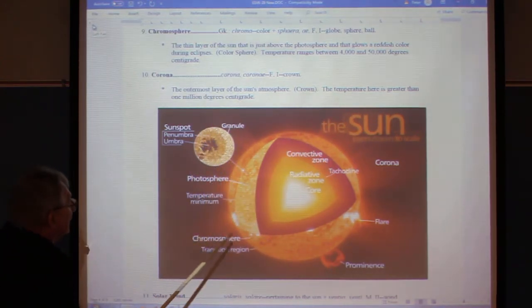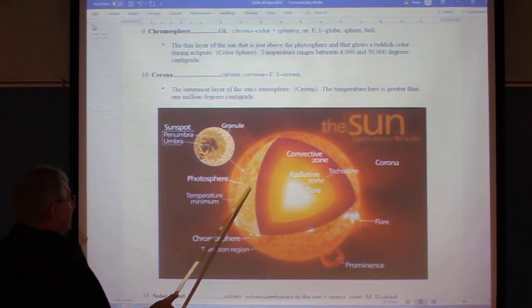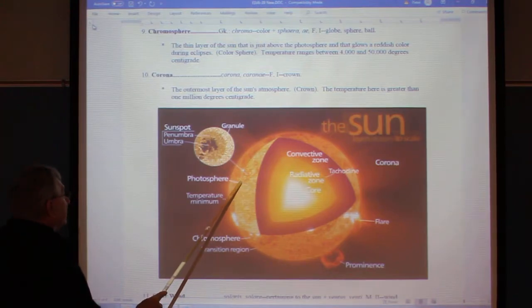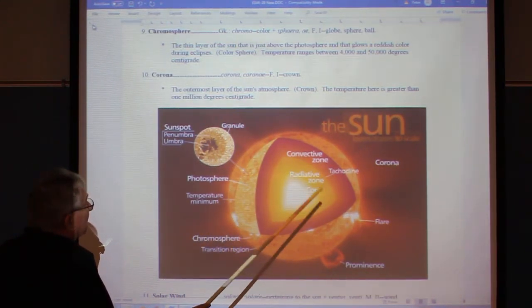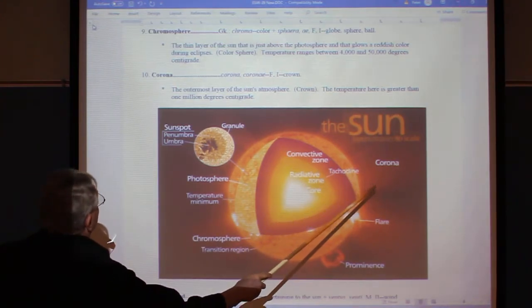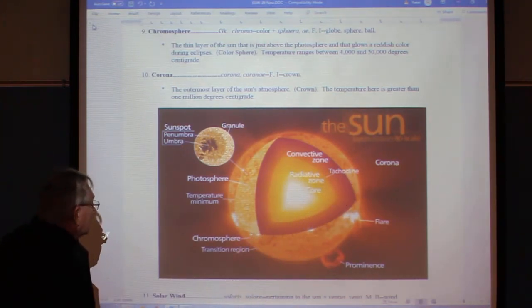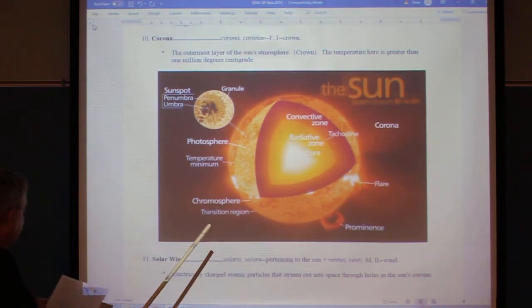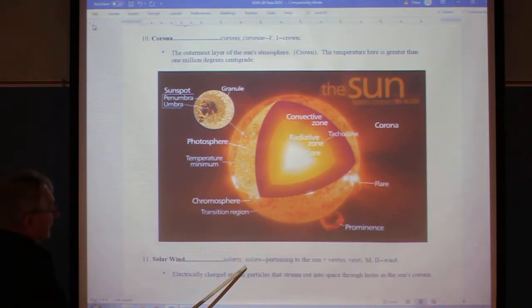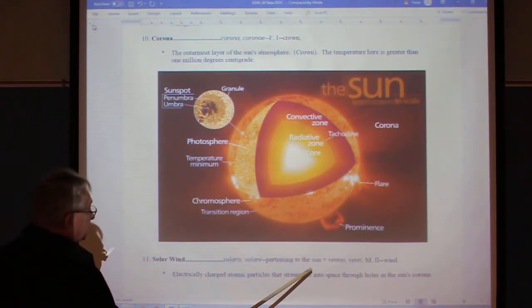So if you go out, you have the photosphere, the inner layer, and after that you have the chromosphere, and after that you have the corona, the outermost layer, okay? Word 11, I think we go up to word 11 today. Solar wind. Solaris, you already had, pertaining to the sun.